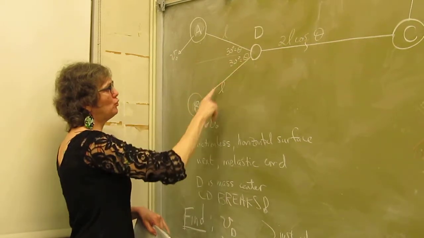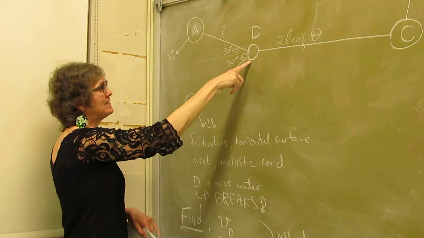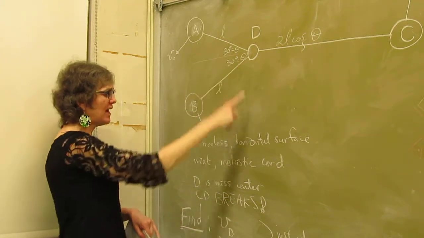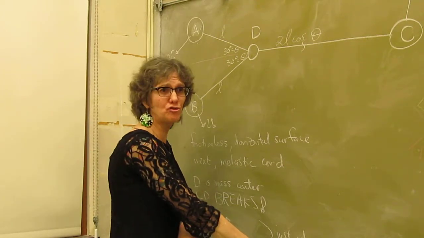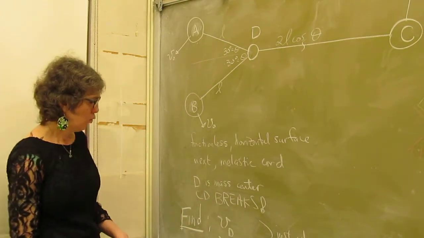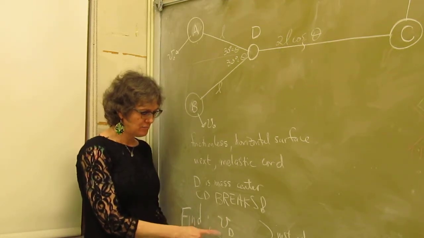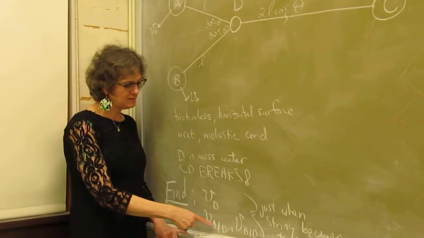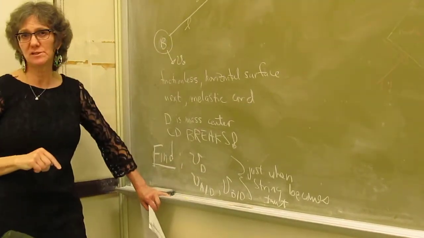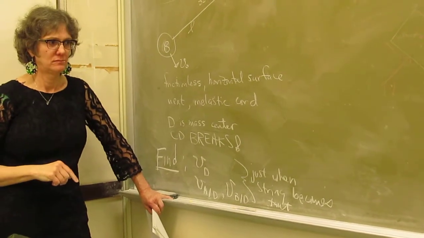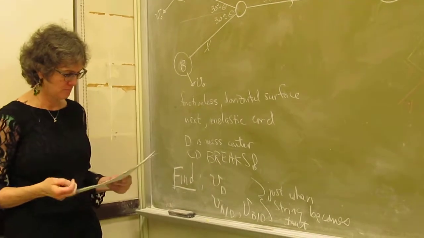There's a rope between them attached, or a cord, attached to ring D, and at some point, that cord is going to become taut. And when it becomes taut, we're asked to find the velocity of D and the relative velocity that A and B will have relative to D. So that's what we're looking for.